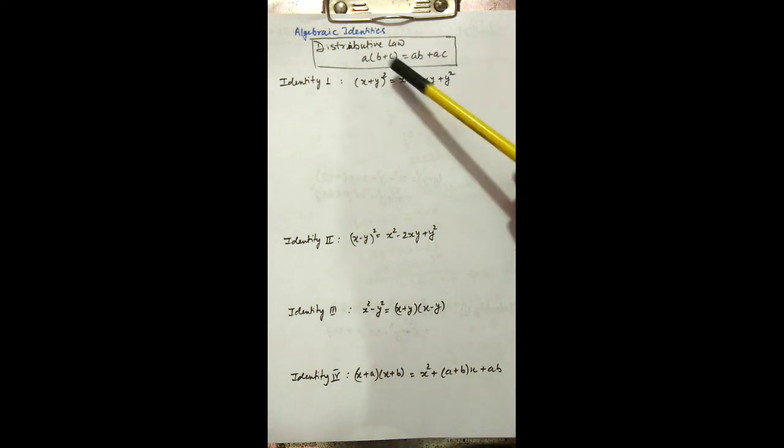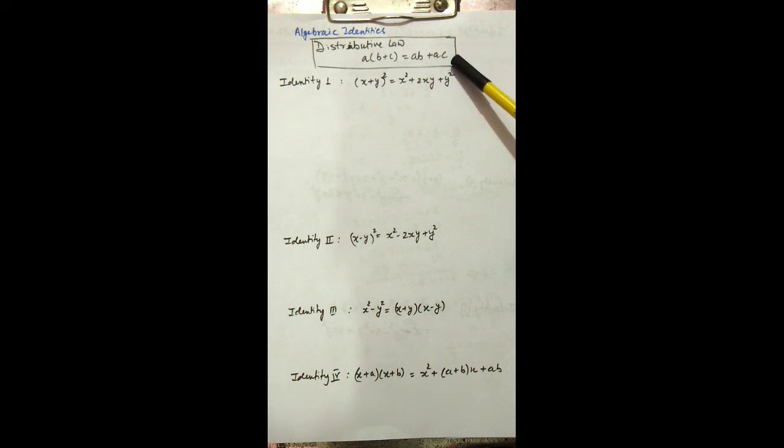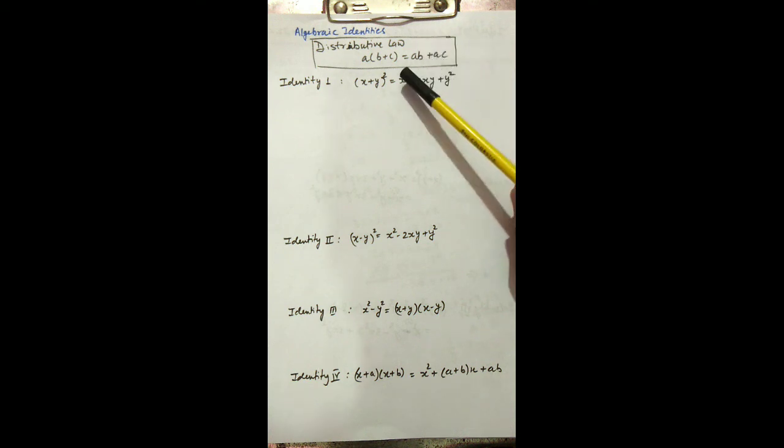What this law is, that A(B plus C) you can write as AB plus AC. So I'm just going to show with a few identities that the identities have come from this distributive law, and some of the identities I can ask you to verify. So let's start with this.